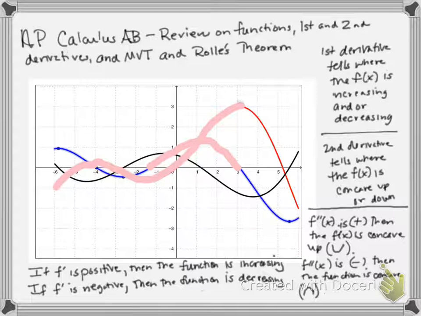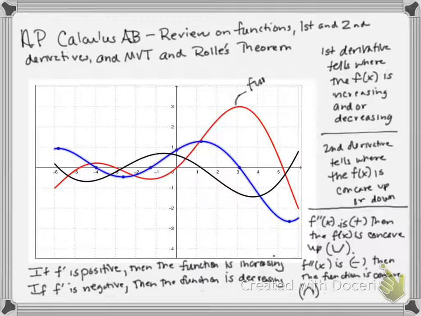And if I start to decrease here, then my blue graph stays below the x-axis. So that means that the red graph would be the function. So this is my function here. And the blue graph would be my derivative, so this would be f prime of x. And then my black graph has to be the second derivative.